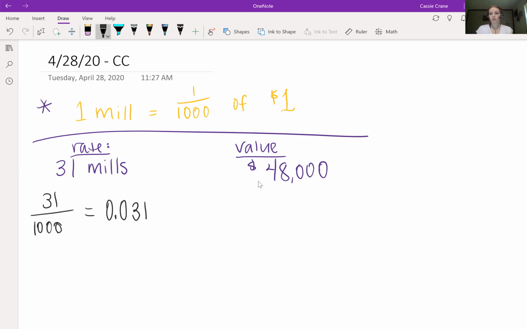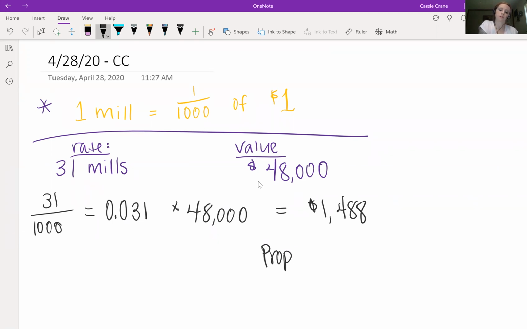So this is our millage rate. We're going to multiply that by the value of the home. If we multiply those, we would get property tax equal to $1,488. So that's the amount we would pay in property tax for that home based on that rate of mills.